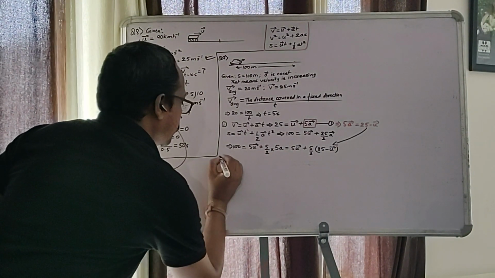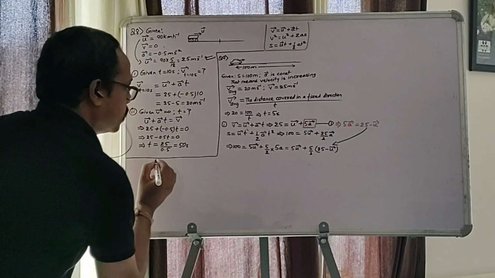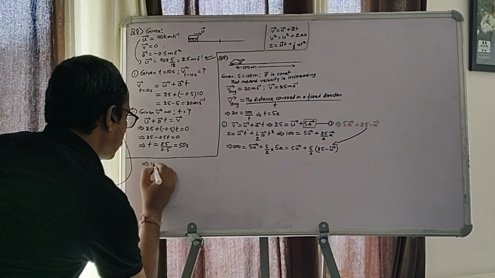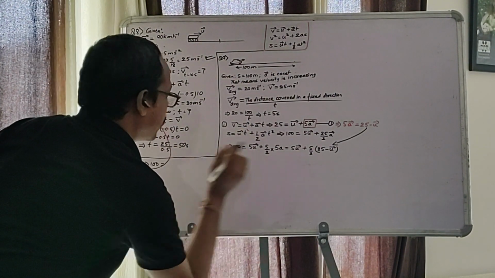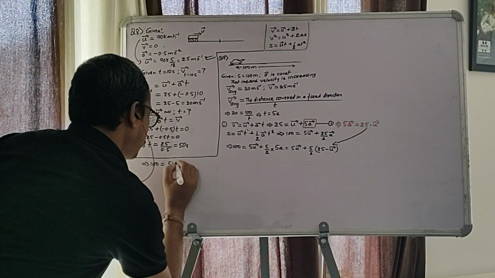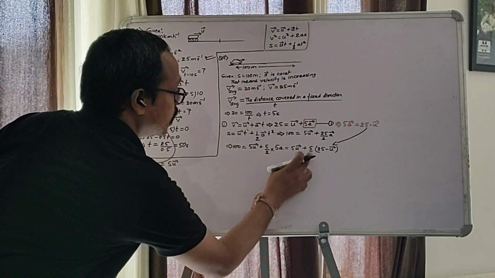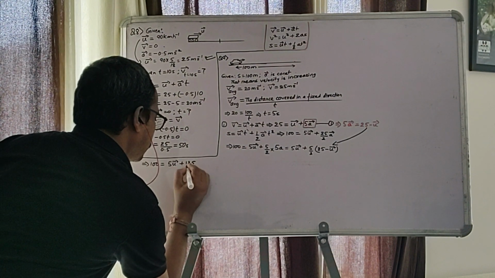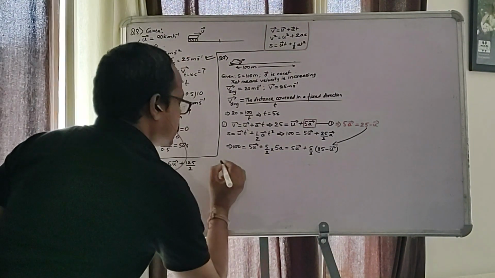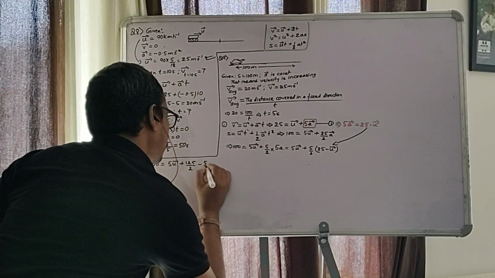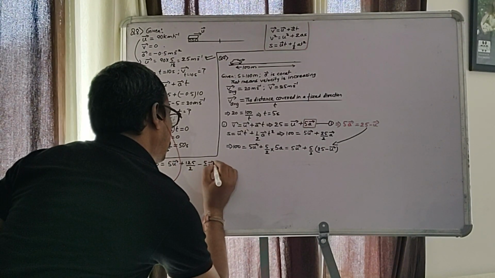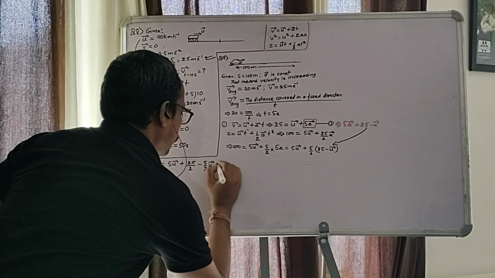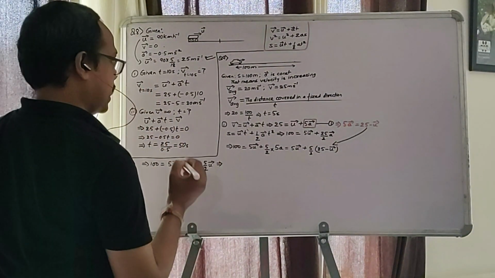So let us solve this problem. 100 equal to 5u plus 125 by 2 minus 5 by 2 u. Any problem? No problem.